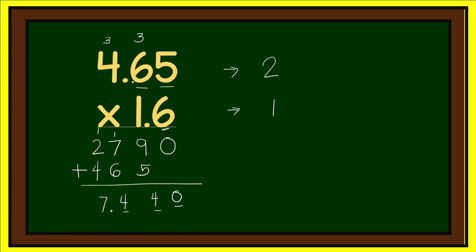So, ang product sa 4 and 65 hundredths times 1 and 6 tenths ay 7 and 440 thousandths. Or, pwedeng 7 and 44 hundredths. Dahil itong 0 na ito ay walang value. Pwede siyang tanggalin. So, pero tatandaan, ang 7 and 440 thousandths ay equal sa 7 and 44 hundredths.